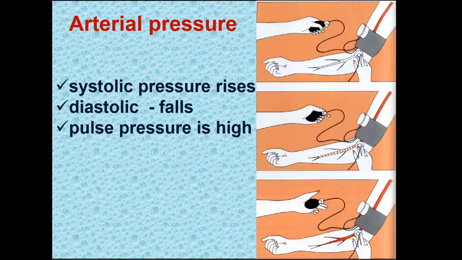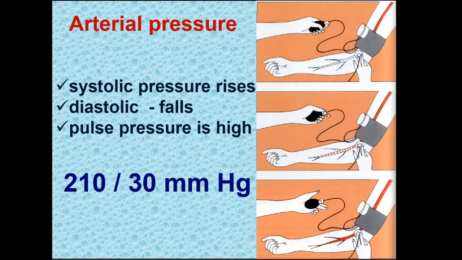But diastolic pressure falls because if the blood comes back, blood flow in peripheral vessels decreases. As a result, pulse pressure increases. For example, systolic may be high, diastolic low. Pulse pressure, the difference between systolic and diastolic pressure, increases.